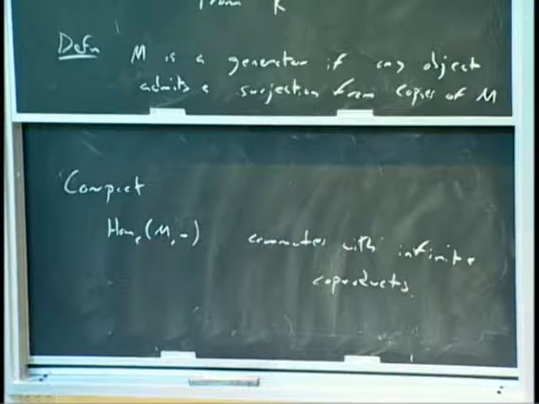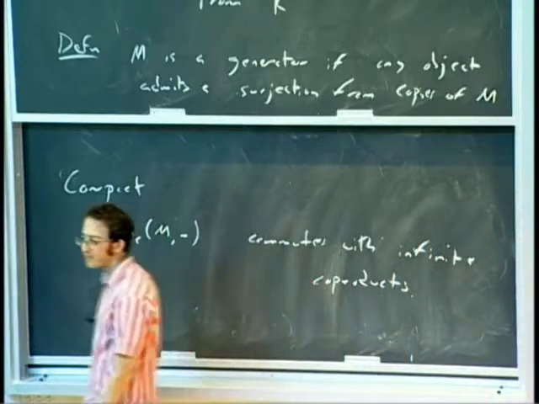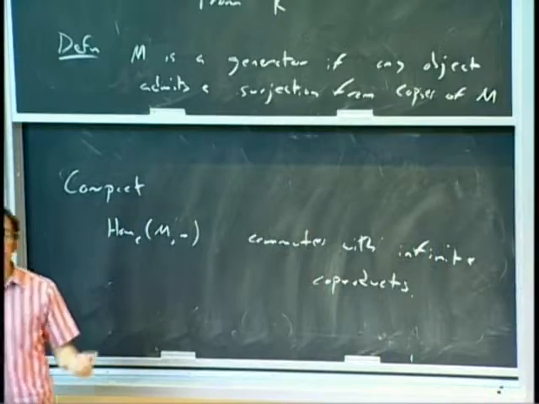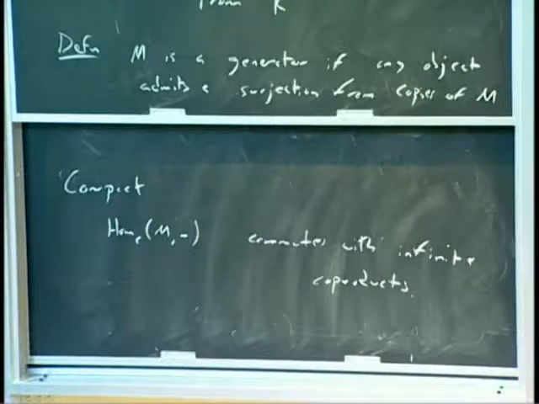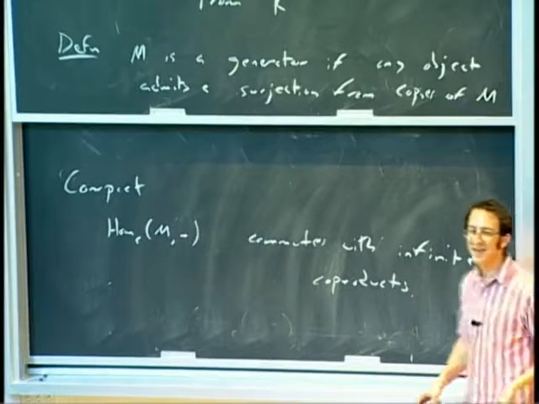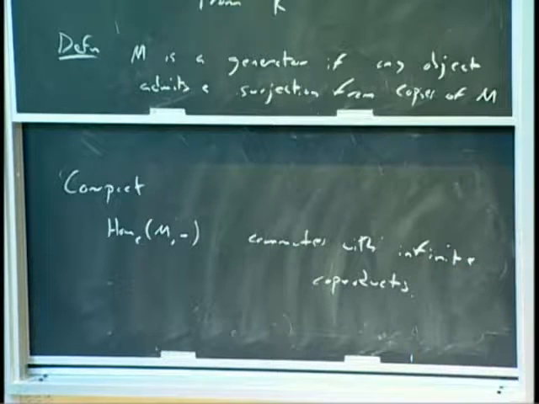Okay, so how do we prove the Freyd-Mitchell theorem? Let me give you a sketch. You should now know, just based on what we've said, what the basic idea ought to be, which is to embed C in its category of modules.